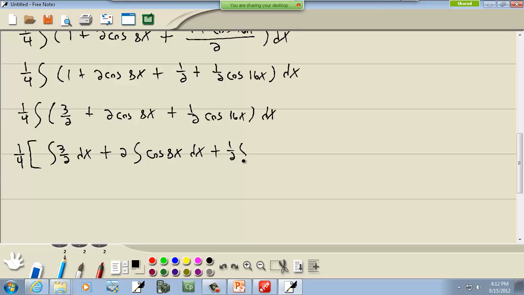So I got plus 1/2, the integral of cosine 16x dx. Well, 3/2 is easy, but this is a u substitution. So this would be our u. So du would equal 8 dx. So we need an 8 inside. This one I'll use w. So I'll say w here. So then dw is going to equal 16 dx.